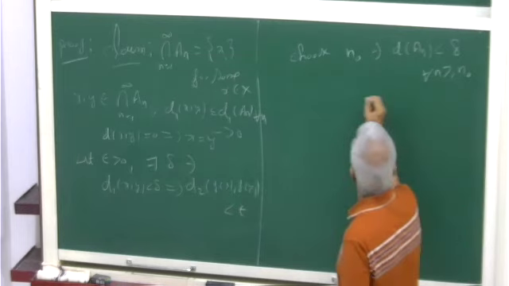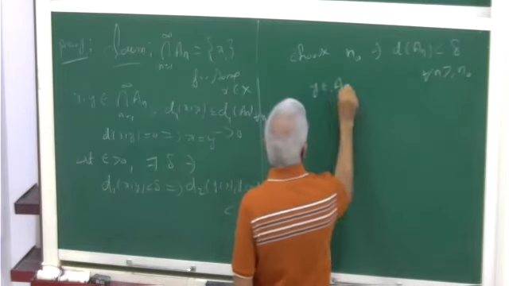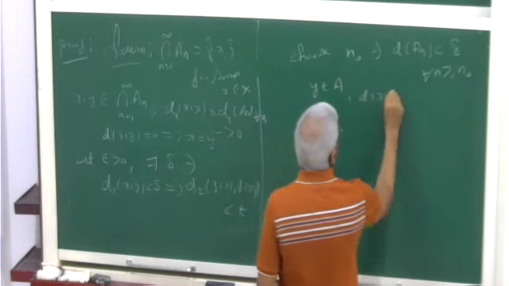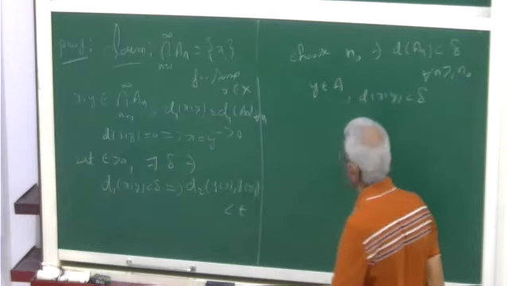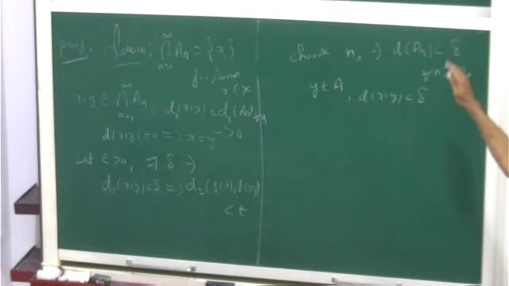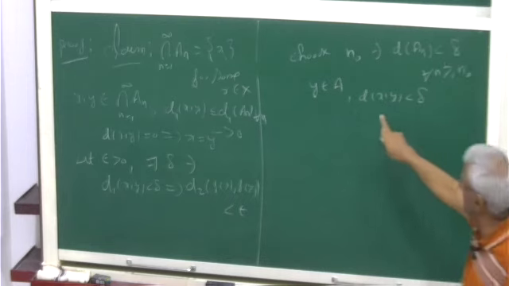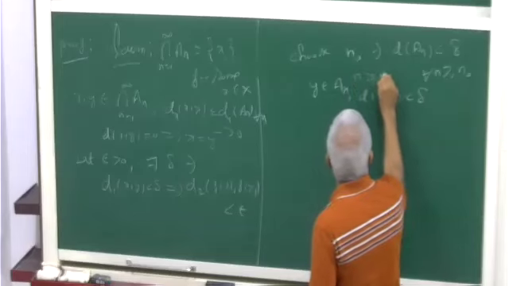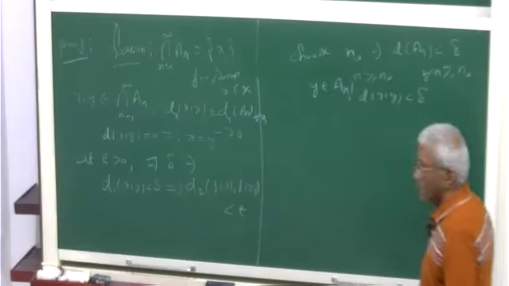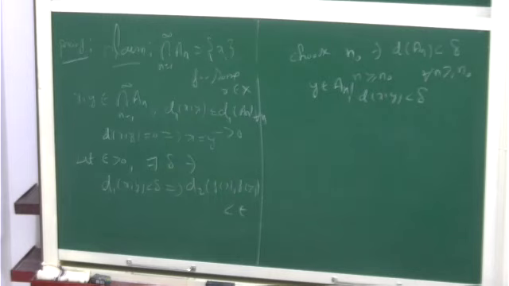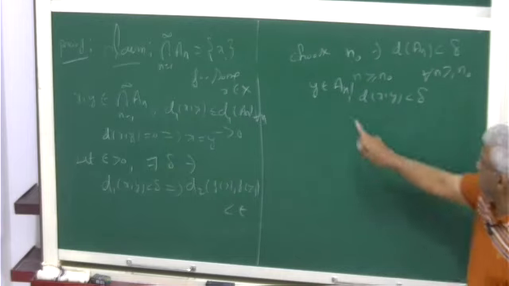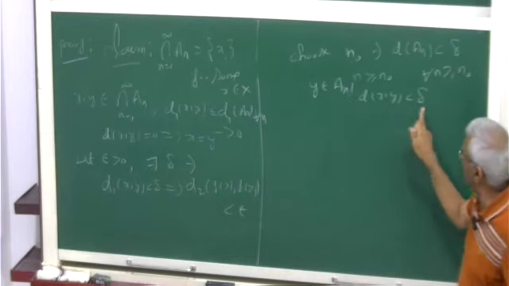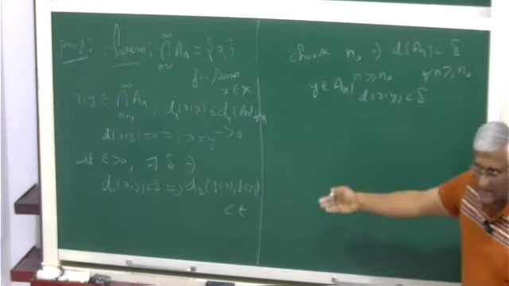Now, if y is in A_n, d of x, y is less than delta, of course. x is in all A_n, y is in A_n for n greater than or equal to n naught. Then d of x, y is less than delta, for all n greater than n naught. If x is in A_n, then d of x, y is less than delta, just the definition of the diameter.